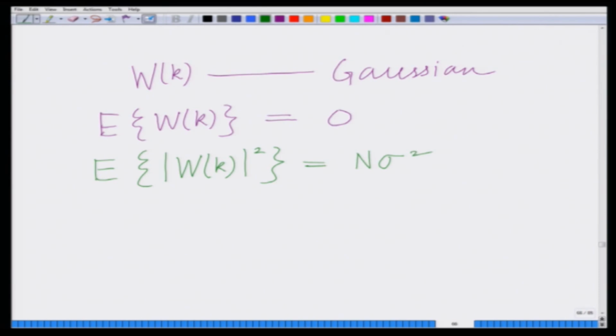So, we have characterized this, and this is the noise variance at the output of the FFT. What is this? This is the noise variance at the output of the FFT operation at the receiver.